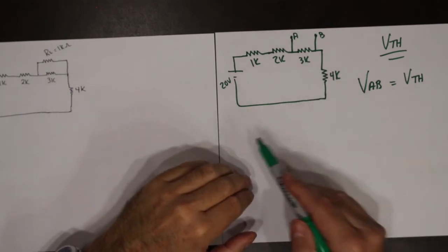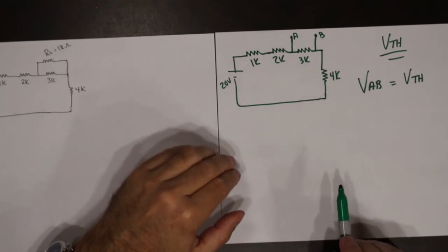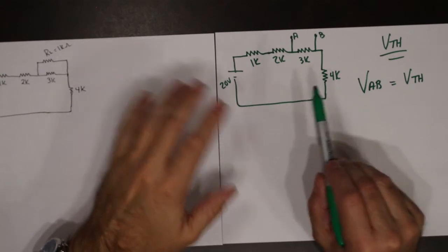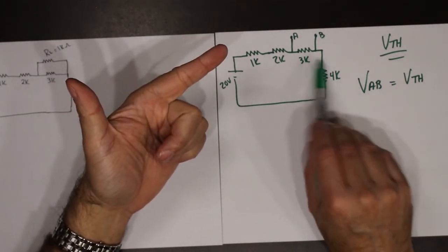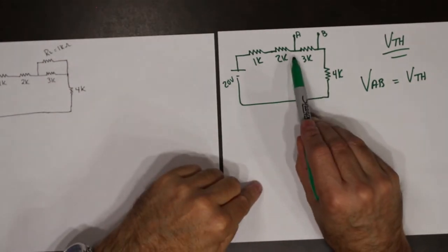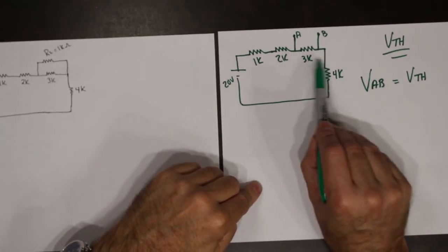So what we have in this particular case, we can do it two ways. We can do it using Ohm's law, or we can do it using the voltage divider, because all we're looking for is the voltage across this 3K resistor.